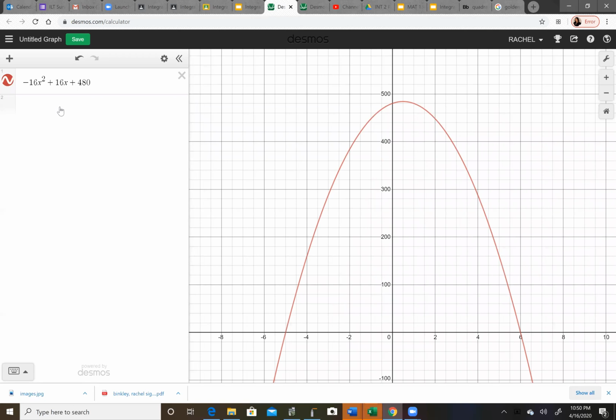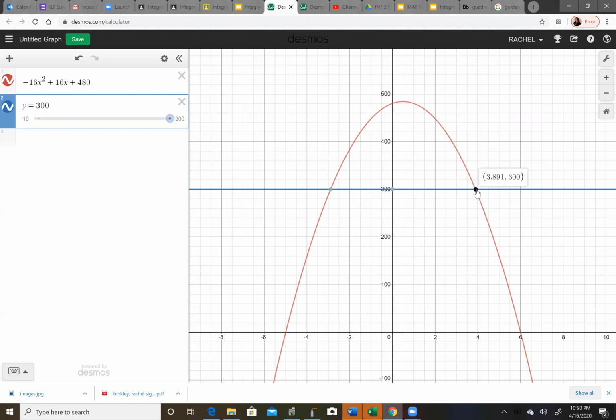If we go over here underneath the equation, we click it, we type in another equation, and I want to know where y is equal to 300. That just gives me a line exactly at 300 so that I can view where those points are. So it looks like after 3.891 seconds, he's at 300 feet.